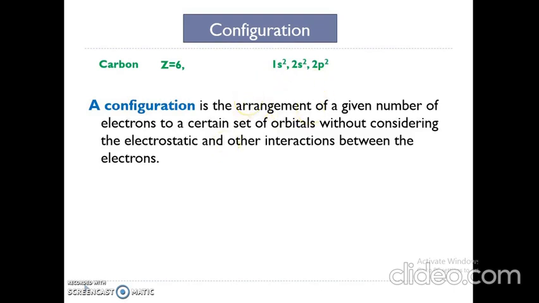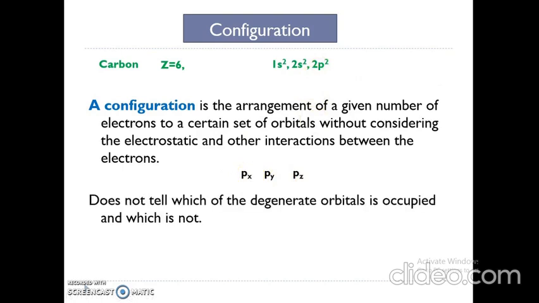Now, there are 3 p orbitals, px, py and pz. From this configuration, we will not be able to understand to which of these orbitals these 2 electrons belong. Thus, the configuration does not tell which of the degenerate orbitals is occupied and which is not.